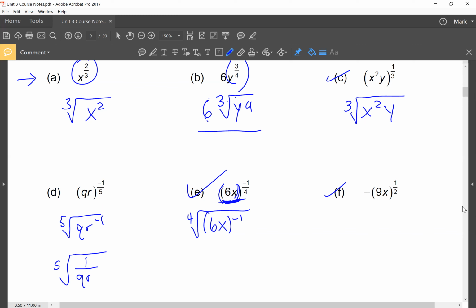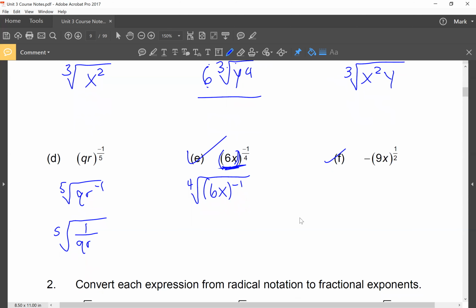Don't forget your x. Because this is a negative, I'm going to rewrite this as 4, and then it would be 1 over 6x. I think Nasser said 1 over 6x. So yeah, there we go.